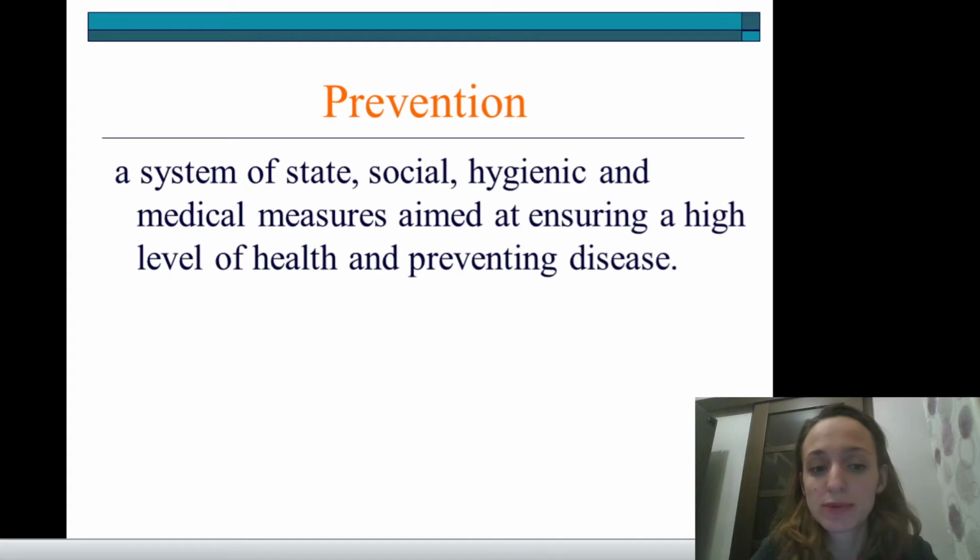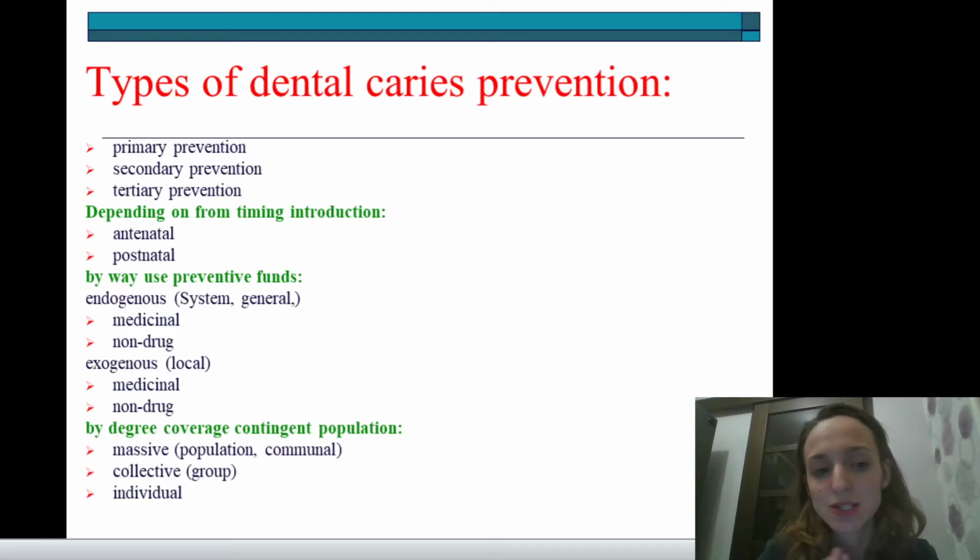And what about prevention? Prevention is a system of state, social, hygienic, and medical measures aimed at ensuring a high level of health and preventing disease. You should know about some types of dental caries prevention, such as primary, secondary, and tertiary prevention, and depending on the timing of introduction, it is antenatal and postnatal.